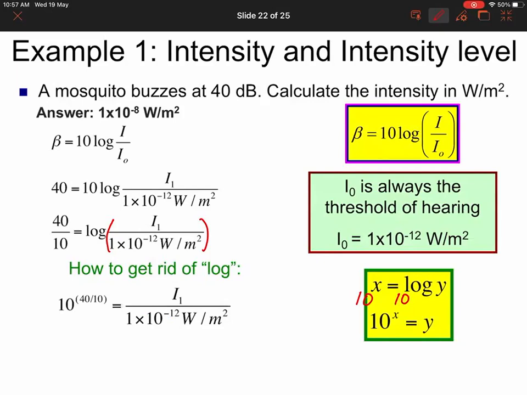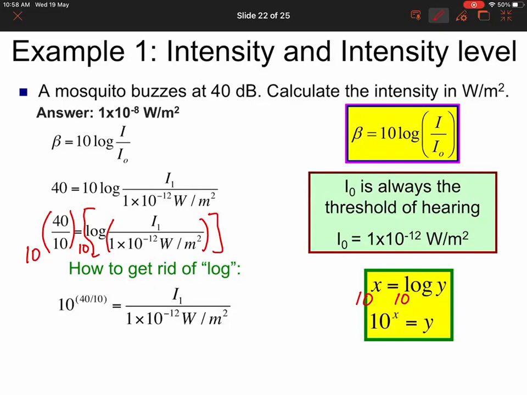You essentially put base 10 like we did here. If you put a base 10 underneath them, this base 10 will undo the log, and you only have what's inside the bracket of the log, I1 divided by 1 times 10 to the minus 12.